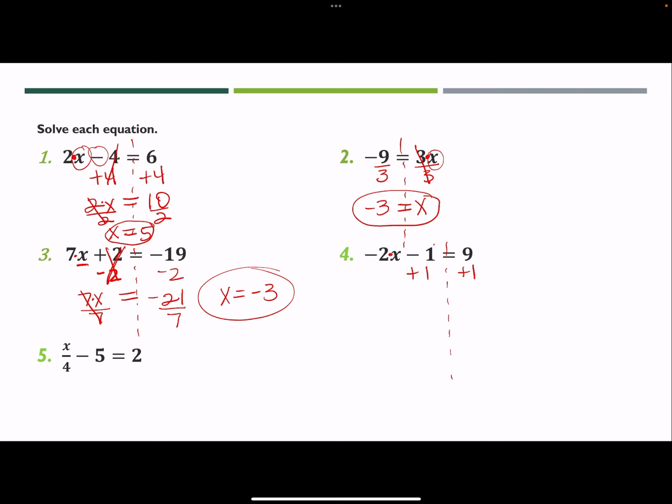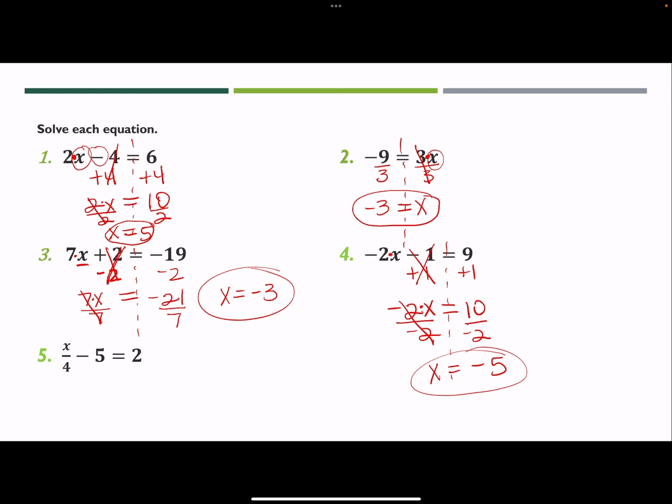So negative 1 plus 1 cancels out, and 9 plus 1 is 10. So over here on the left-hand side, I still have that negative 2x. Negative 2x means negative 2 times x. So I'm dividing both sides by negative 2. And now these cancel, and x is equal to 10 divided by negative 2. Use your calculator, but that's negative 5.